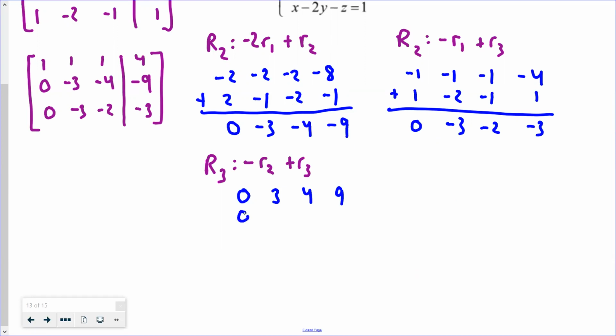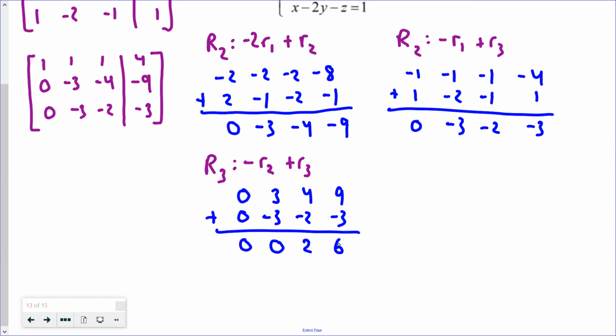And then we're going to keep row 3 the same. That's 0, -3, -2, -3. Add those together, we get 0, 0. This is going to be 2, and this is going to be 6. Okay, cool.